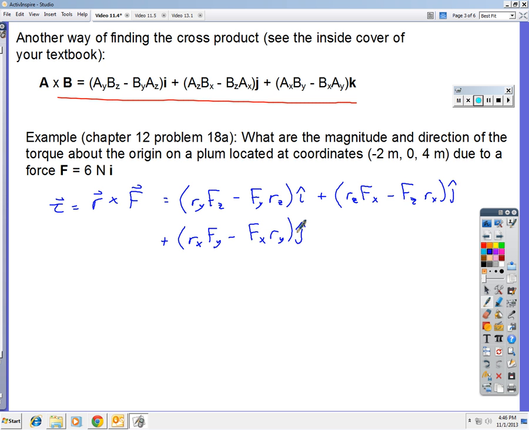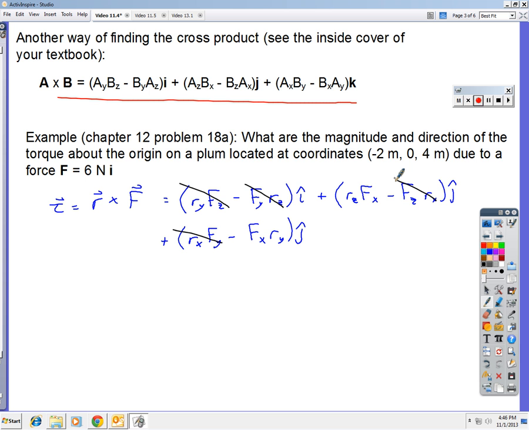But the good news is a lot of these terms are zero. So any term that has the x or the y or z components of F is going to go away. That is 4 of these 6 terms.